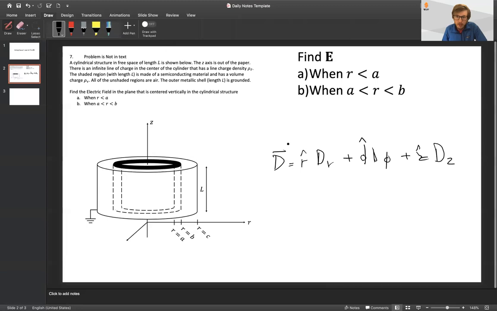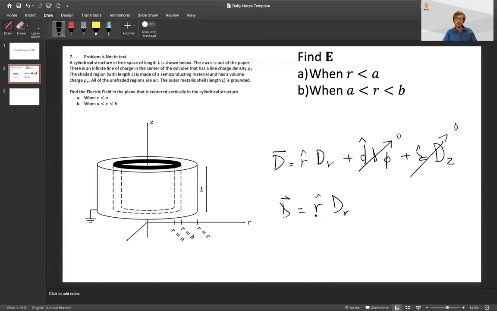Because of the symmetry condition that we have, there is going to be no electric flux density in the phi direction and no electric flux density in the z direction. So both of these are going to go away. That means our electric flux density is only valued in the r hat direction, and it's going to have some electric flux density Dr. We don't know what Dr is, but we should be able to figure this out. So this is the first step to do.